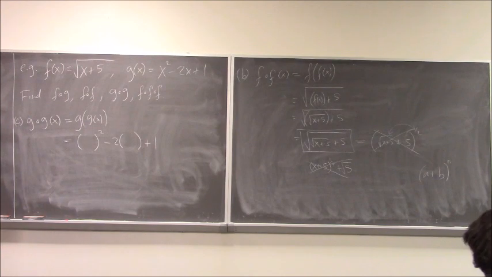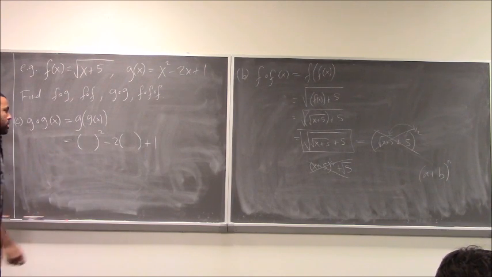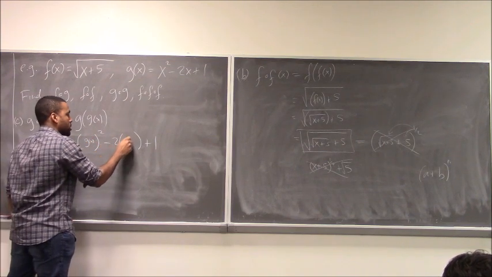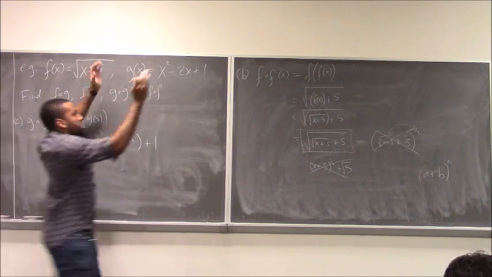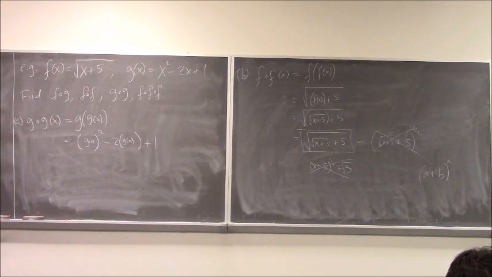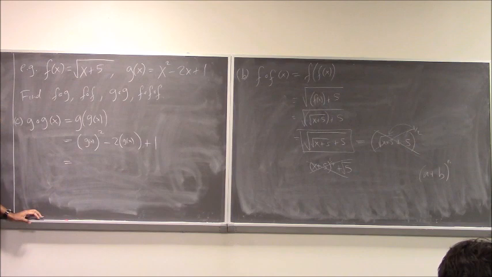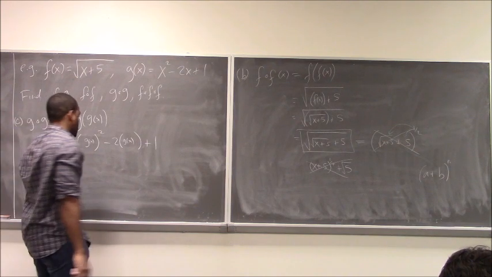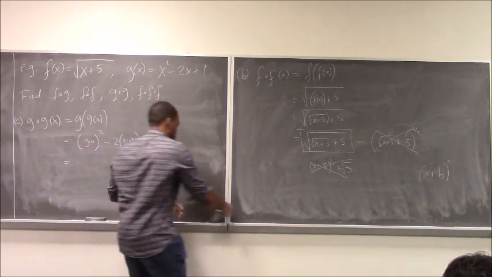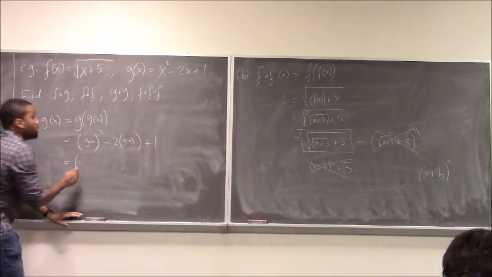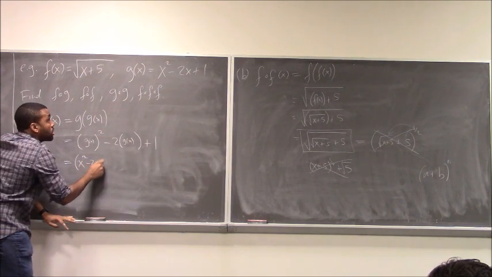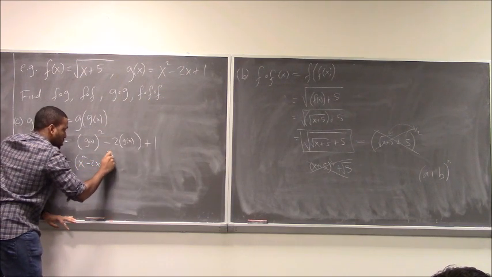In general this line is not necessary, but I even suggest that you first write g of x in that gap, so you know that you're going to put this entire thing inside parentheses. Just to remind yourself about it. So here, we literally put that entire thing here. Square minus.